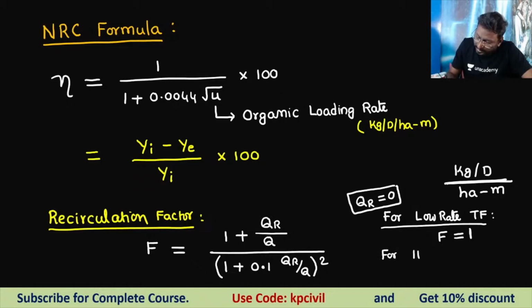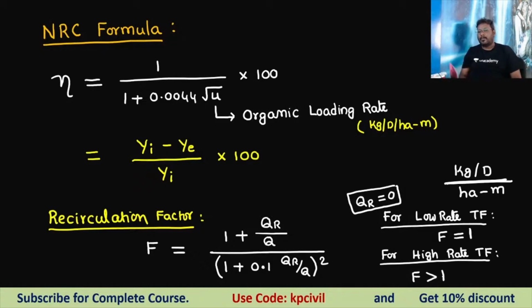For high rate trickling filter, recirculation factor F is greater than 1. Clear for everyone?